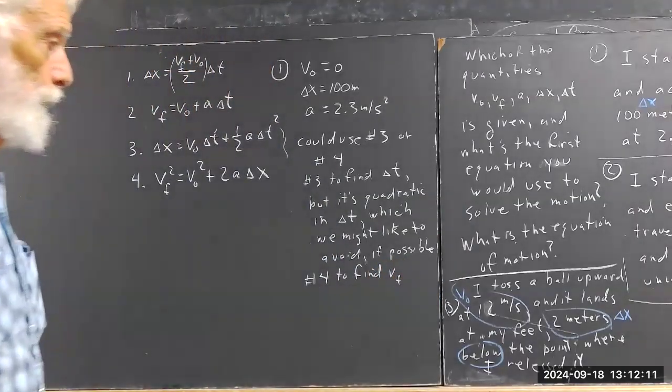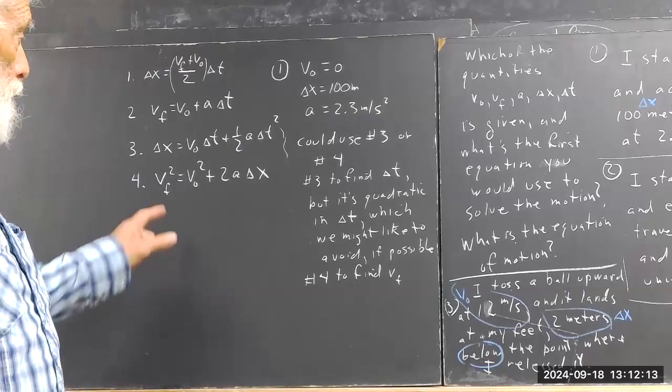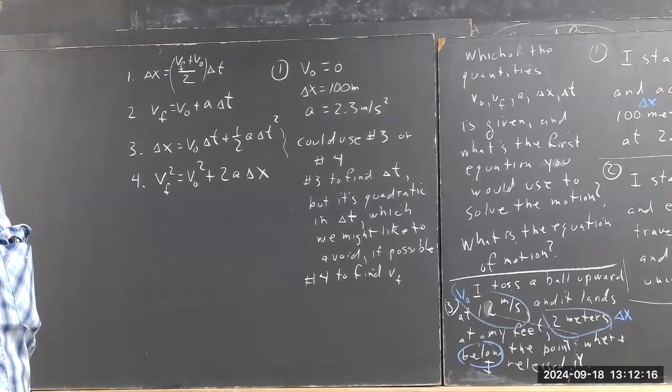Number 4 to find vf. But of course, it's quadratic in vf, isn't it? Because you got a vf squared.